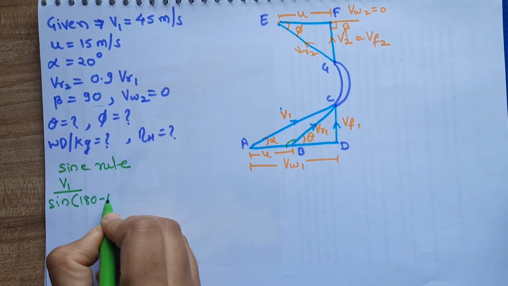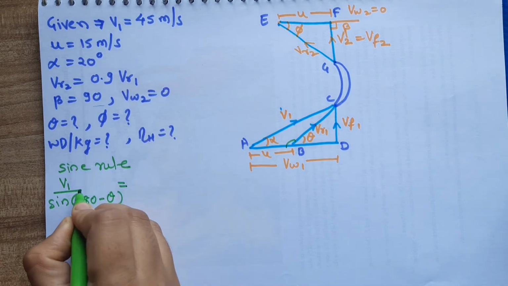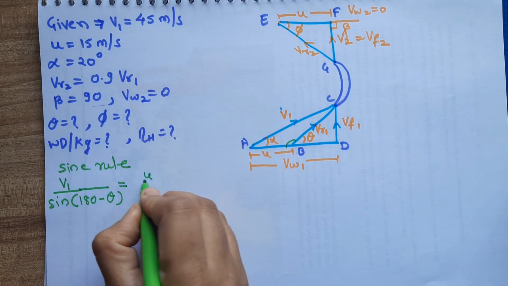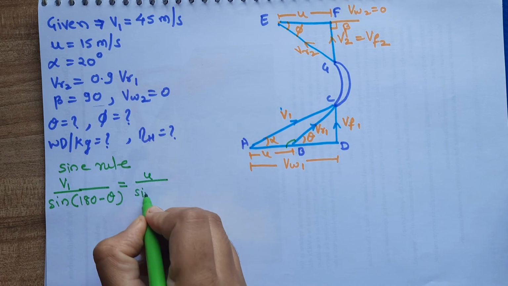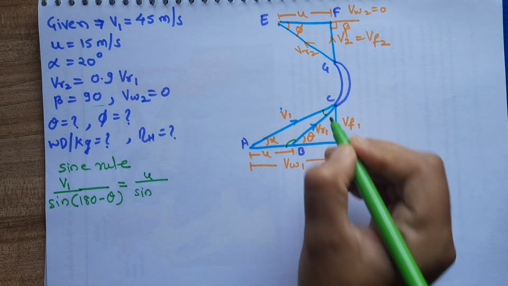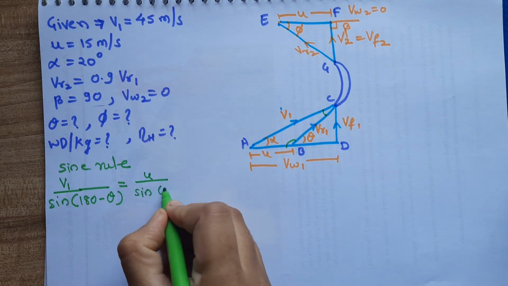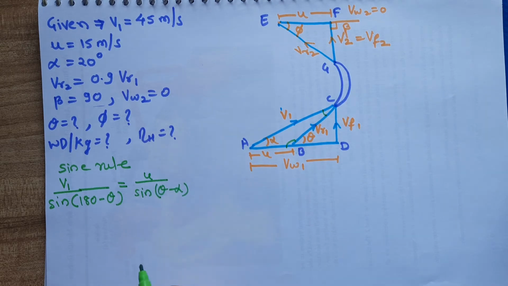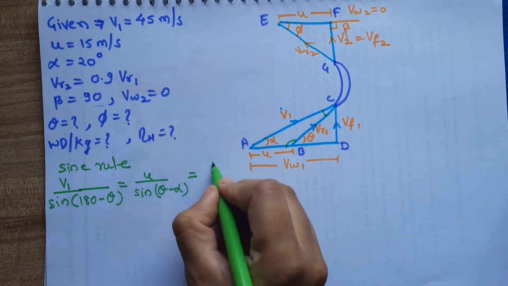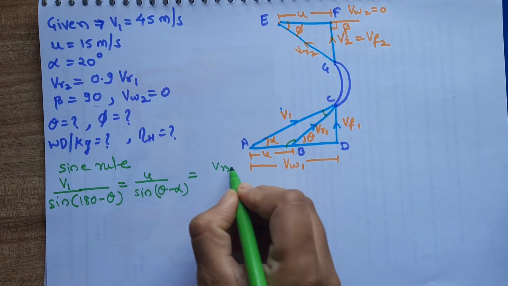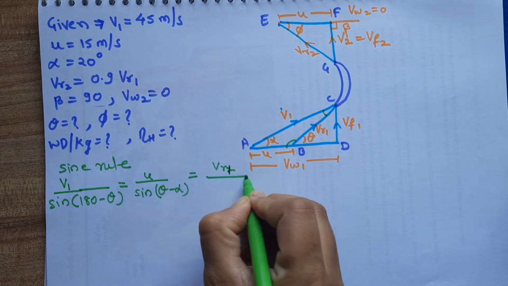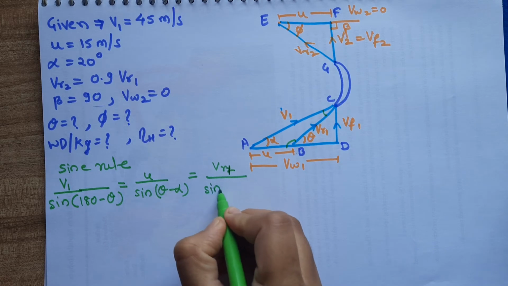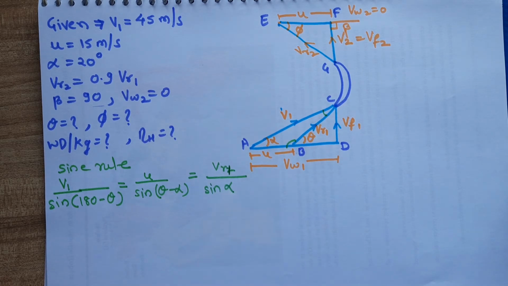So 180 minus theta equal to U divided by sine of its opposite angle, that is theta minus alpha, which you can again equate to VR1 divided by sine of alpha.